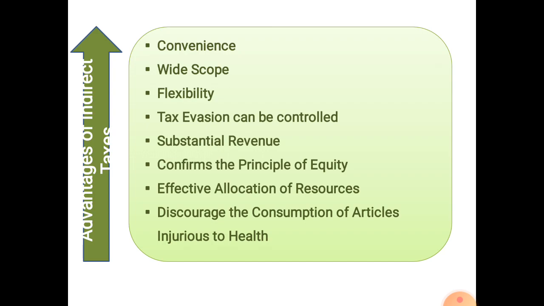Resource allocation can be made effective by imposing heavy excise duty on lower priority goods, that is luxurious goods, and by granting relief to industries producing high priority goods. This results in mobilization of resources from one sector to another sector positively. It discourages the consumption of articles injurious to health by imposing very high rates of tax on commodities like liquor, drugs, cigarettes, etc.